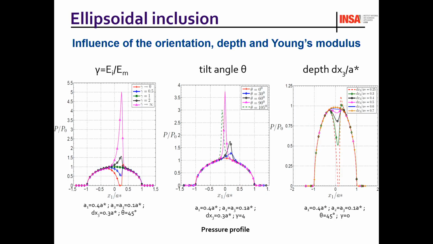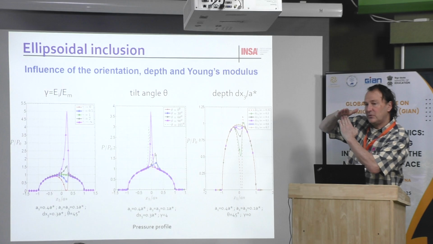Then a few other results. When I said before that you may have a peak of pressure up to 5 times the Hertzian solution, this is the situation here. You can see 5. This is for an inclusion which is rigid, inclined, but the top of the inclusion is reaching the surface.